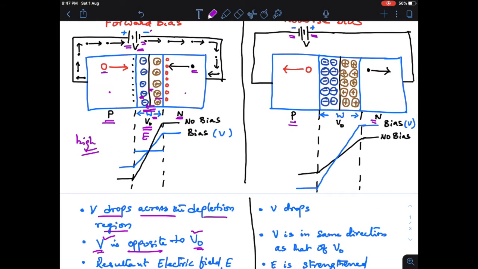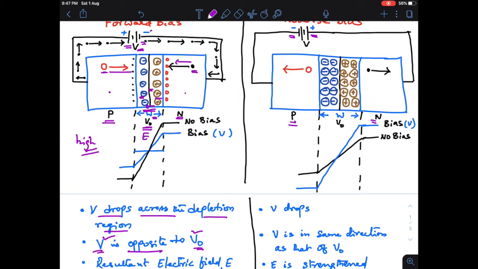So these carriers move. When the holes move from P side to N side, in the N side they become minority. And when electrons move from N side to P side, the majority charge carriers are moving on either side, therefore they become the excess minority on the other side.